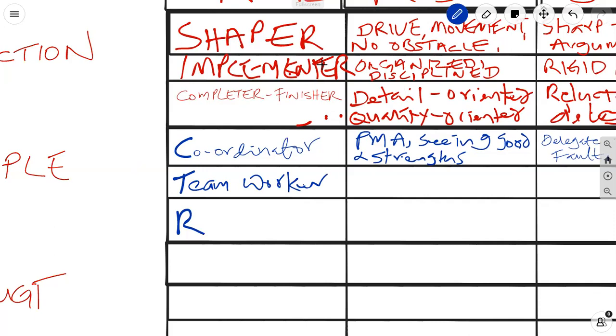Team worker, you could say they are a unifier. They unify everyone. They are the unifying force on the team. They help to resolve conflicts or issues. They help create a healthy team dynamic. Positive mental attitude, again, good morale, and they're usually popular.